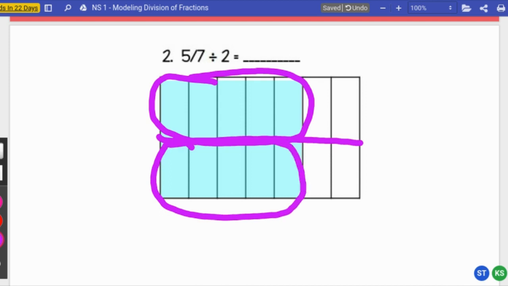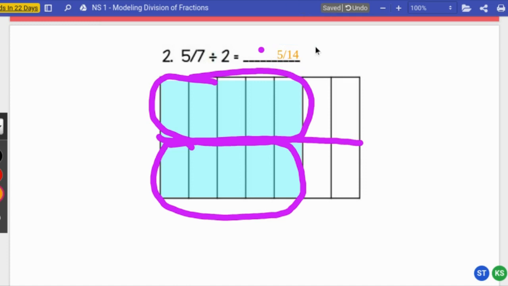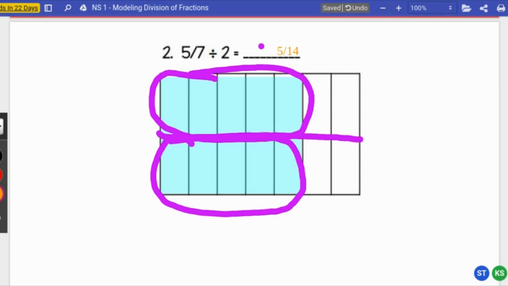I really just want to know how much is in one group. So there's 1, 2, 3, 4, 5 pieces. And each of those pieces is 1/14 of the whole thing. And there are 5 of them. So my answer is going to be 5/14. So 5/7 divided into 2 groups equals 5/14.